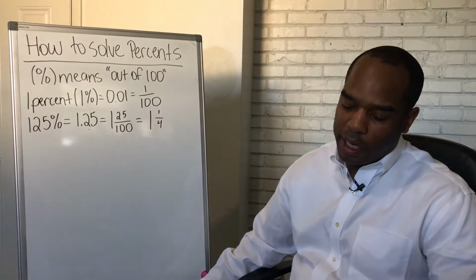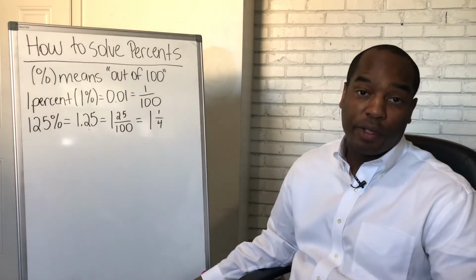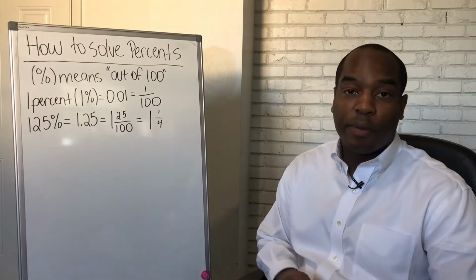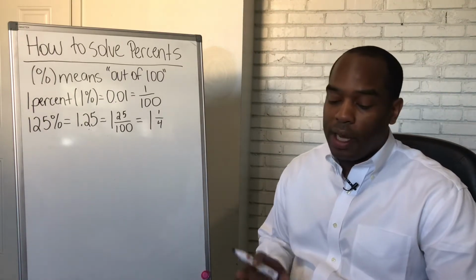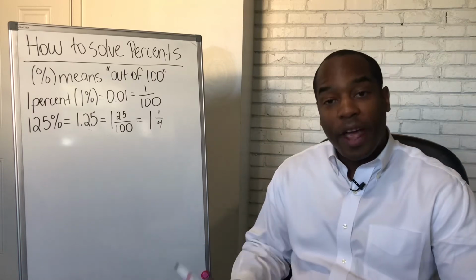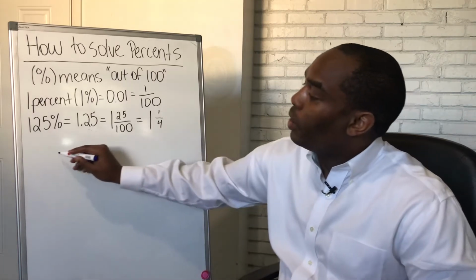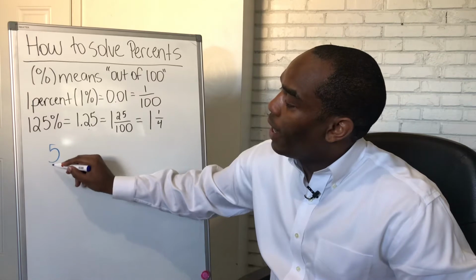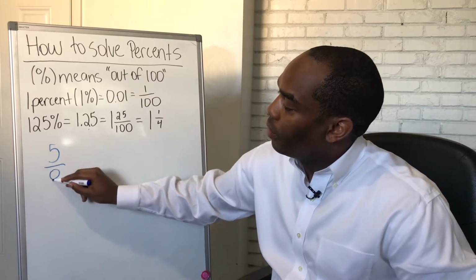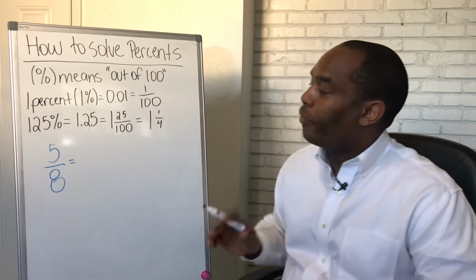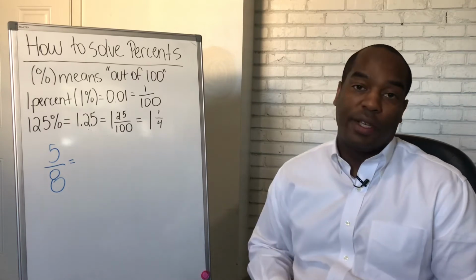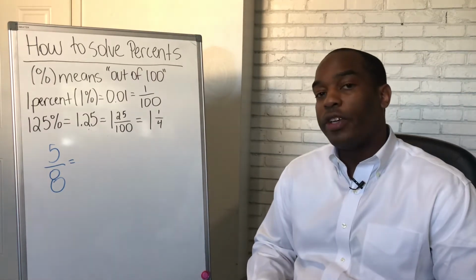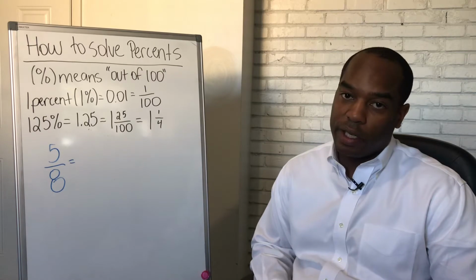So far we looked at how to go from a percent to a fraction, and how to go from a decimal to a percent. Now let's look at how to go from a fraction to a percent. Now this one might be a little bit tricky. Say we had 5 over 8, and I want to go from a fraction to a percent. Well, there are a few ways I can do this, with or without a calculator.